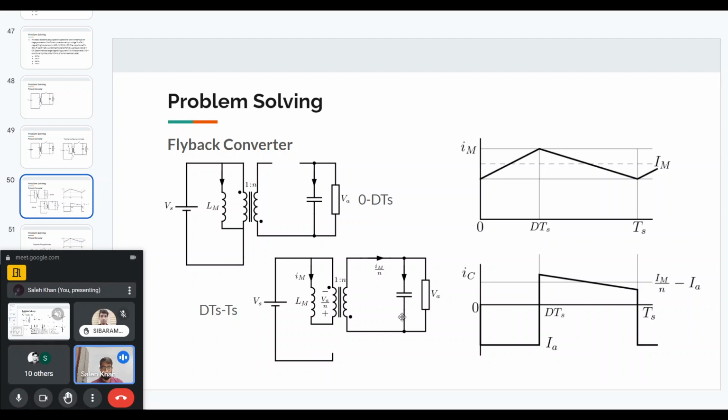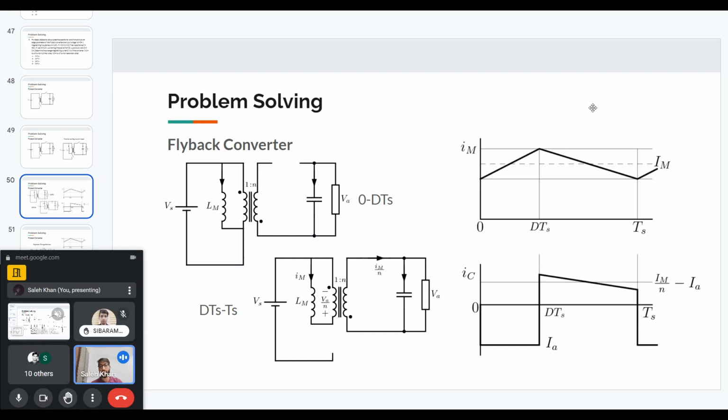That is what is called a reset. What we mean by resetting is that we want the transformer or inductor current to come back to the original value, and it should come back to the actual original value. If there is some shift, if it is slightly higher than the original value, that value will keep on accumulating in further cycles.